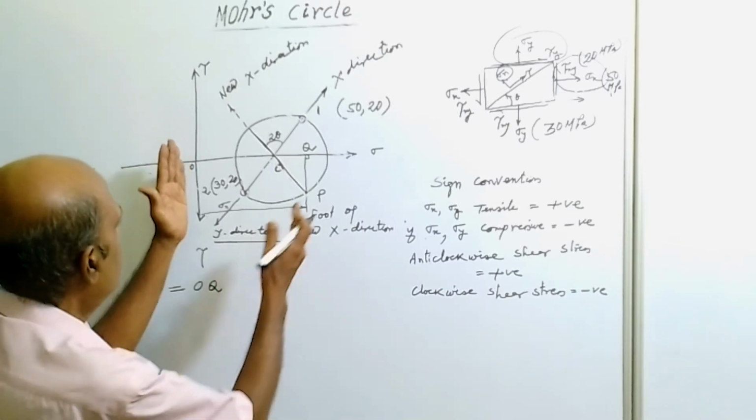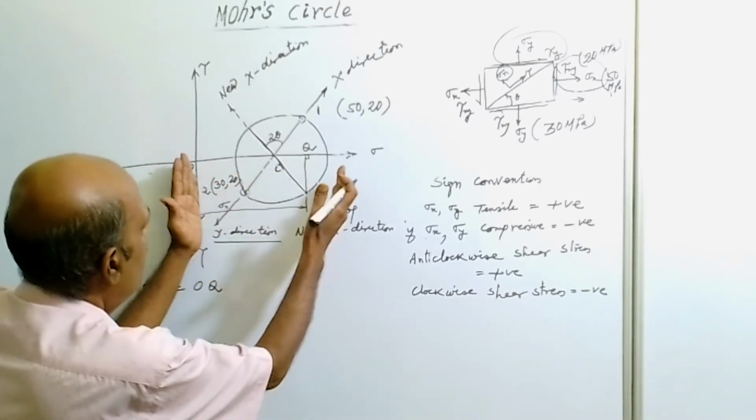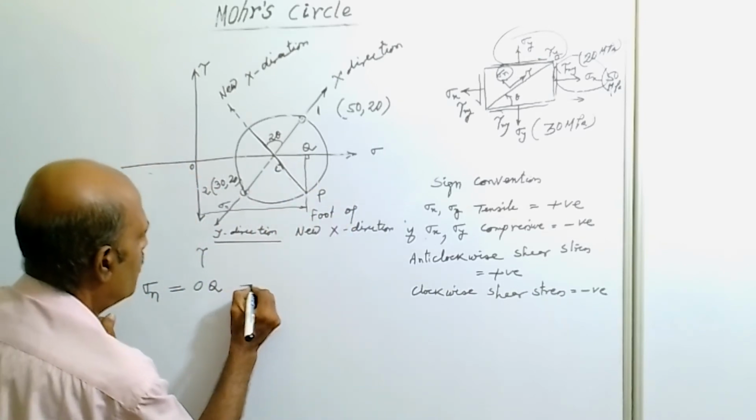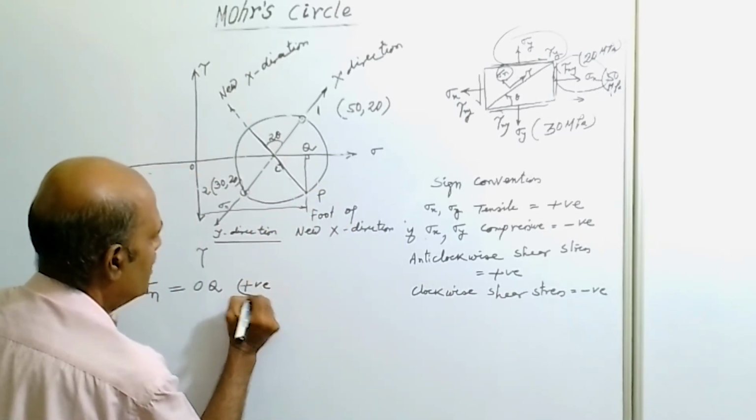As this sigma n value is towards the right, it will be positive. Positive stress means tensile stress.